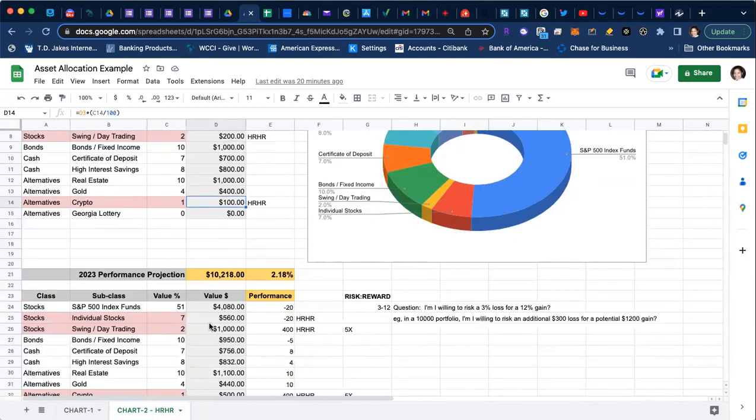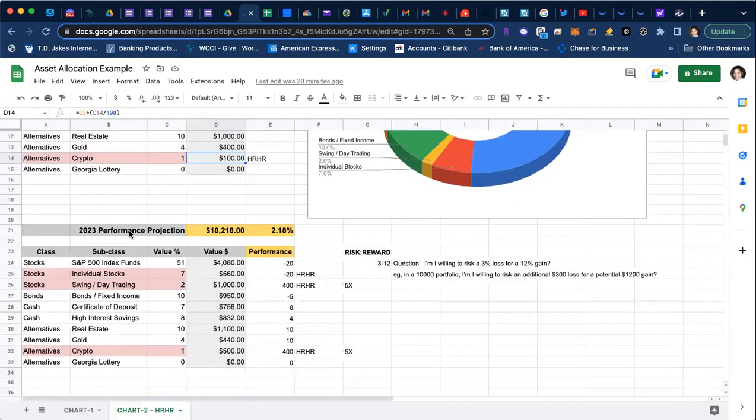Okay, so I give a potential performance projection for this as well. Let's say in the case of individual stocks, and we won't talk about it right now, but I use some other risk management techniques to ensure that my individual stock investment never does worse than the S&P 500. In other words, if it started doing worse than this, I get out of the investments.